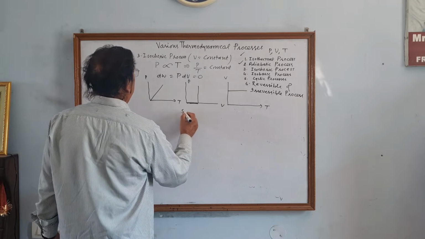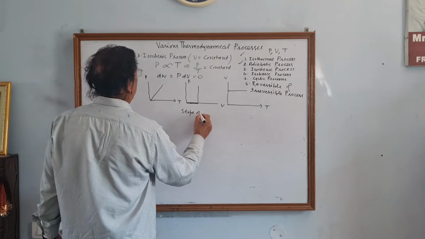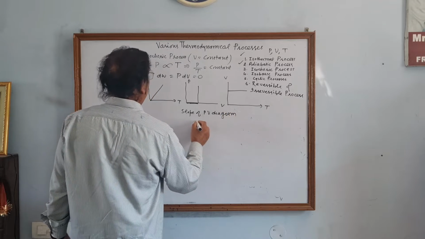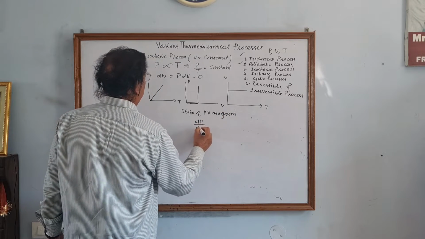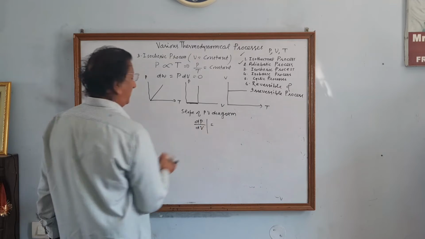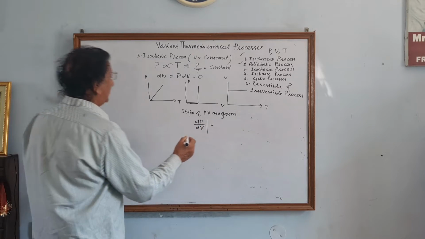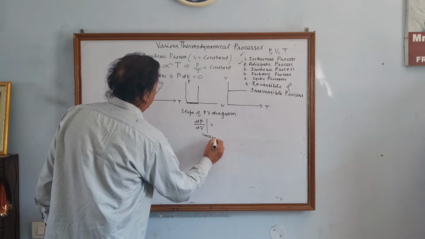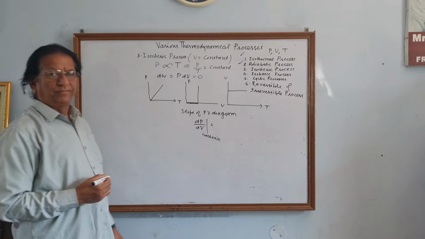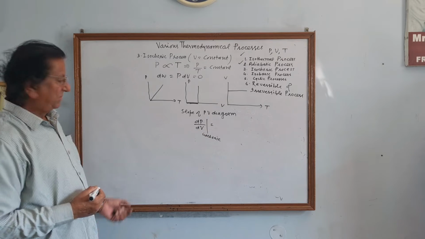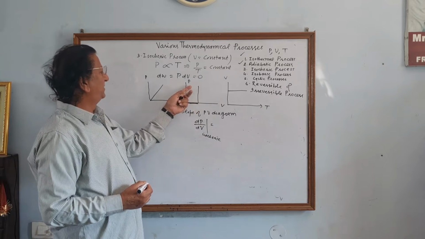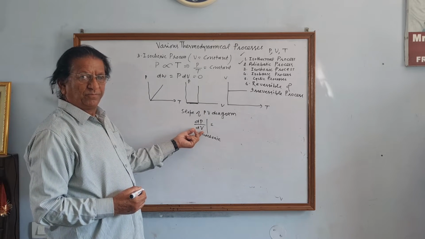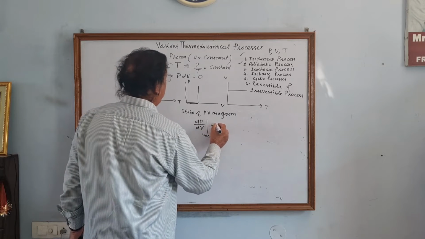Now the slope of the PV diagram, dP by dV. This is the slope. When the process is isochoric and you take the slope of the PV diagram, dP by dV, dV is 0, that means this slope will be infinite.